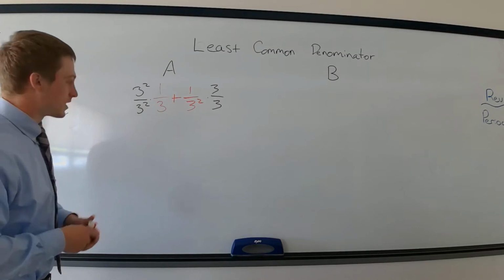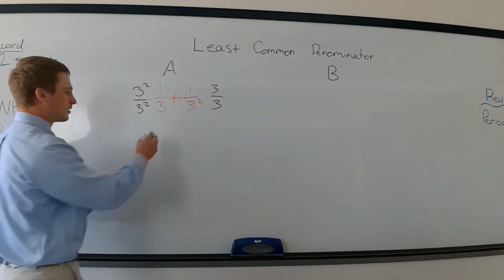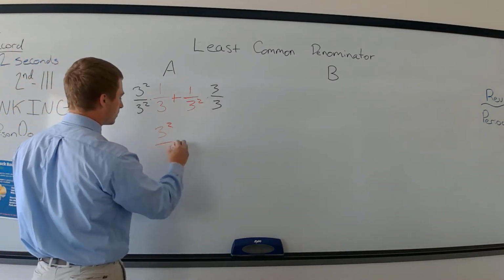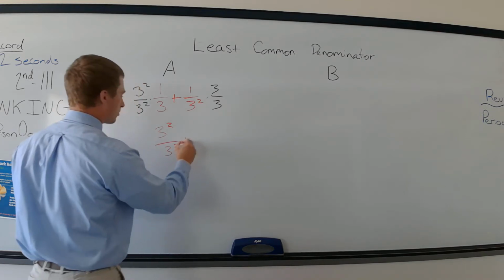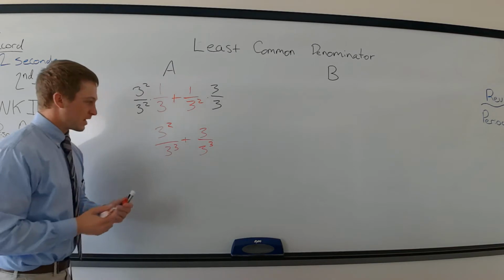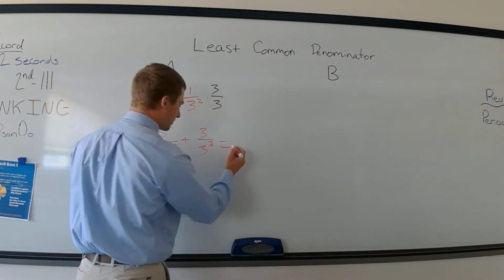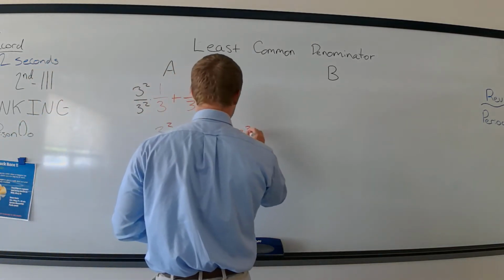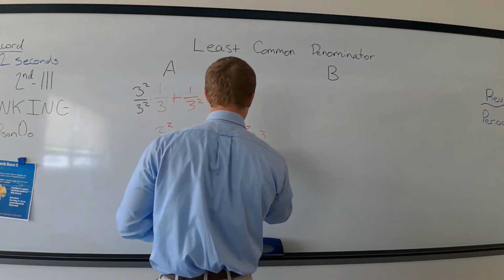And we can just simplify. So 3 squared over 3 cubed plus 3 over 3 cubed. Then I just have to simplify. So that's going to come out to 3 squared plus 3 over 3 cubed.